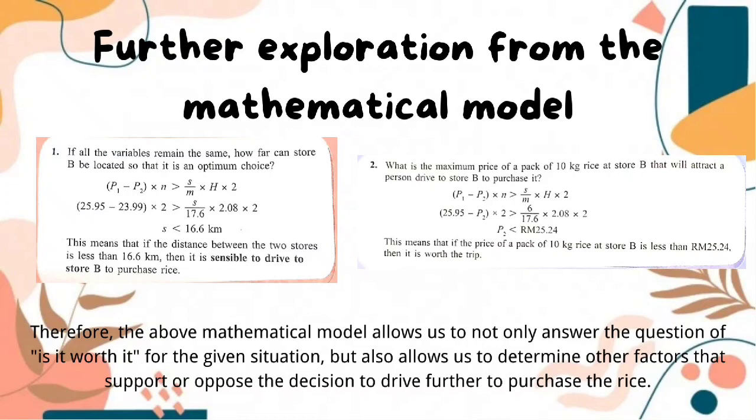So the answer is P2 is less than 25 ringgit 24 cents. This means that if the price of a pack of 10 kg rice at store B is less than 25 ringgit 24 cents, then it is worth the drive.